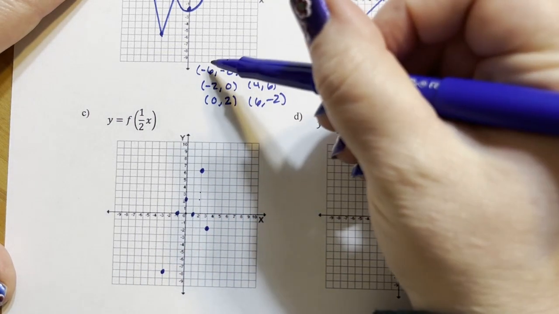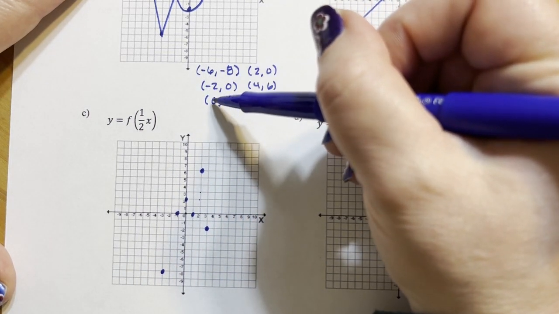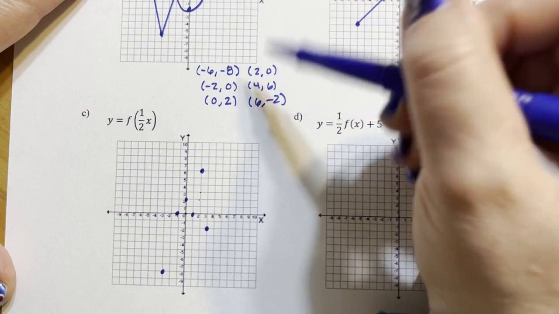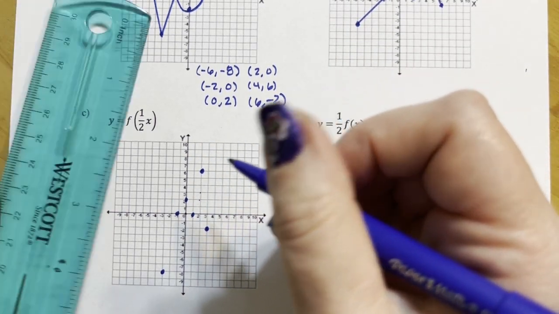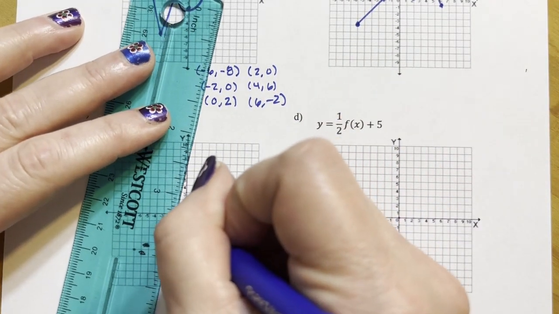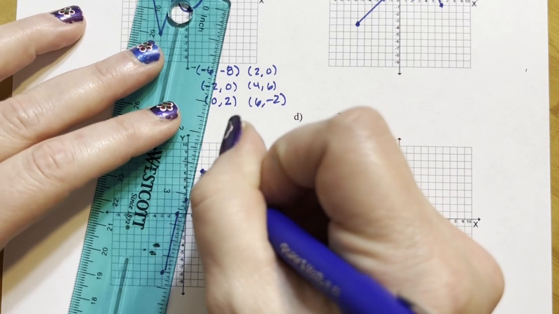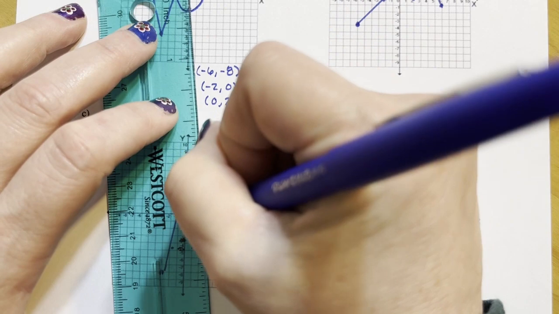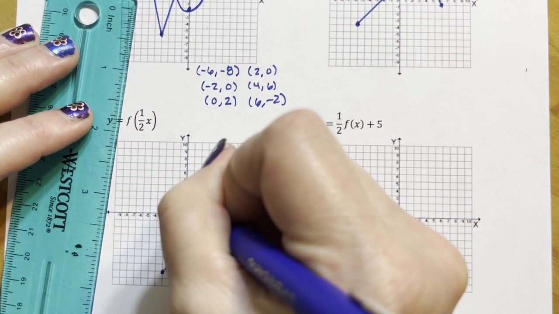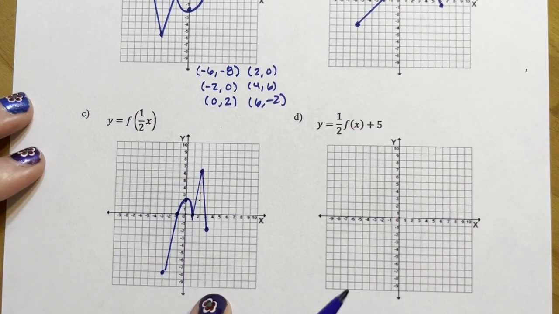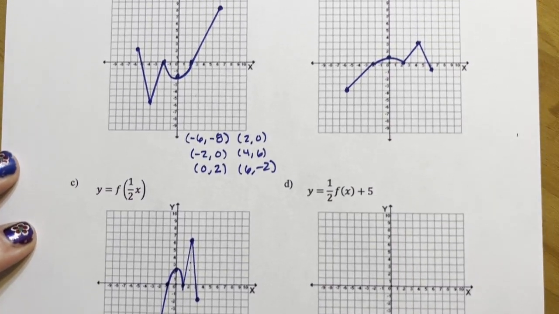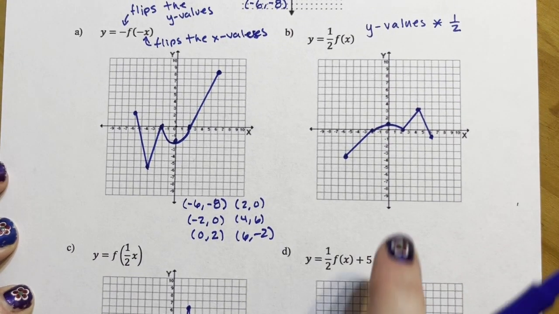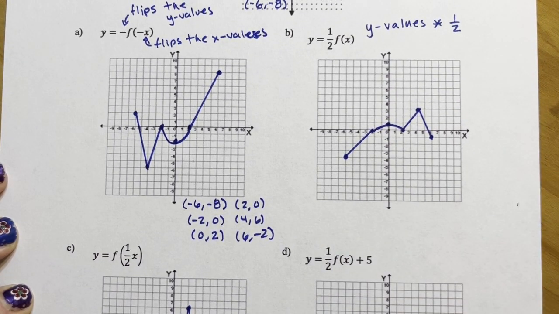So I just cut these all in half. -3, -1, 0, 1, 2, 3. This one looks funny. Looks like someone squished it, squeezed it. The walls are closing in. So here is the x values cut in half. Here is the y values cut in half.